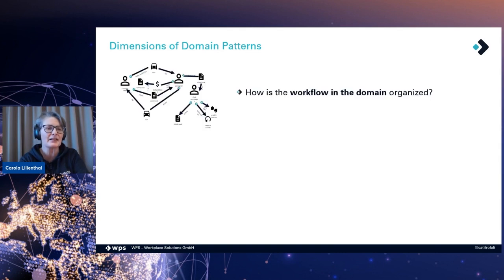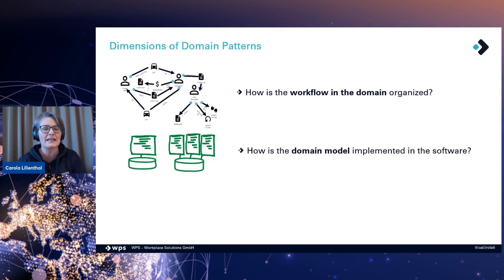The first dimension was, how is the workflow in the domain organized? We looked at this dimension because there are subdomains that are easier to decompose, and there are subdomains where it's really hard to decompose them. The second dimension is, how is the domain model implemented in the software?